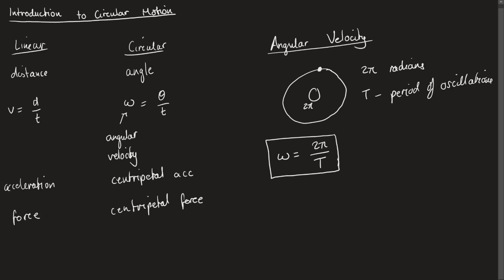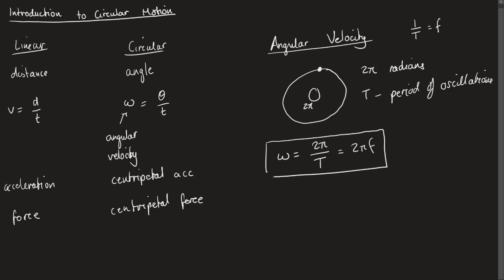Now this is your definition of angular velocity, and that means that since we know from waves that 1 over t is the same as f, this is why we can also refer to it as angular frequency, because it's either an angular displacement over time or it's just frequency times 2 pi to make it angular.